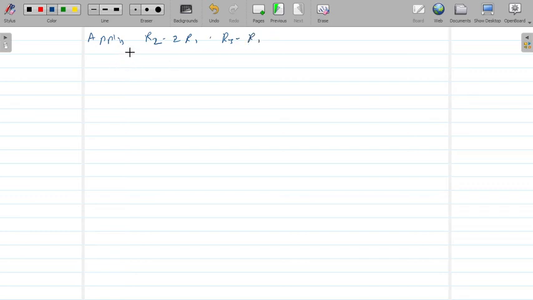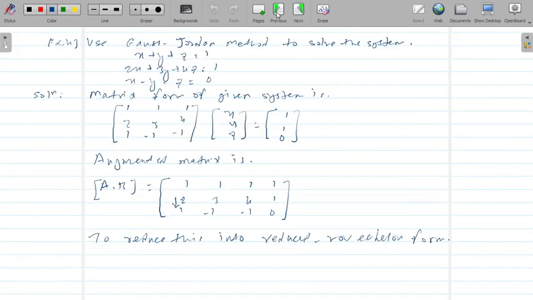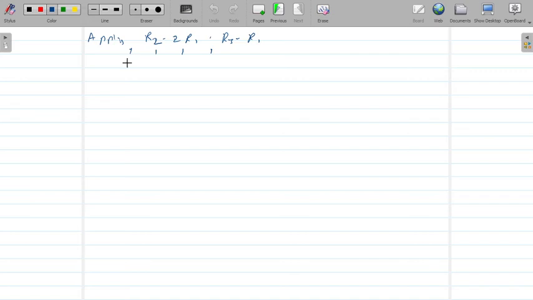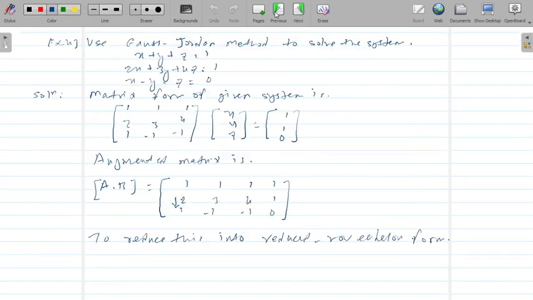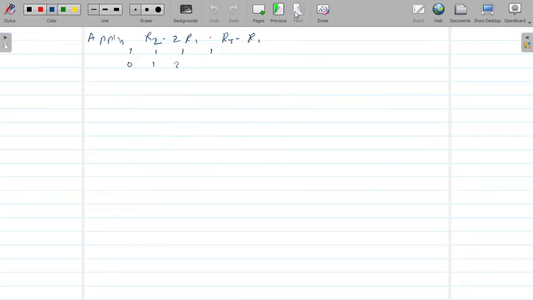So first row as it is: 1, 1, 1, 1. Next, now you are multiplying this by 2. So 2 minus 2 is 0. Then 3 minus 2 is 1. 4 minus 2 is 2. So 0, 1, 2. Then 1 minus 2 is minus 1.